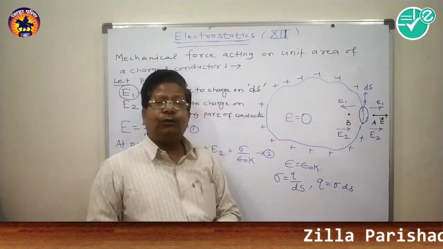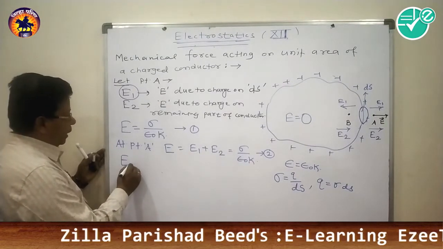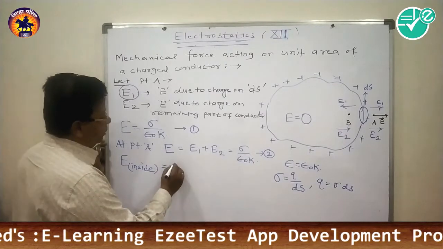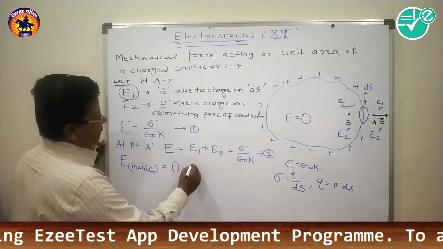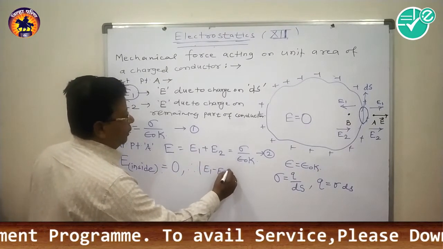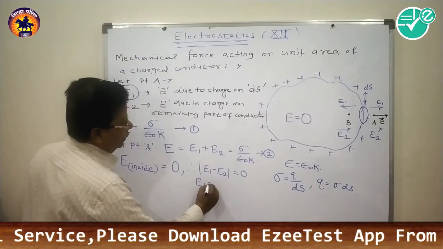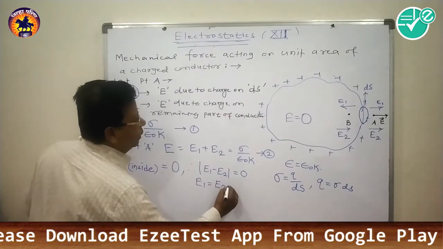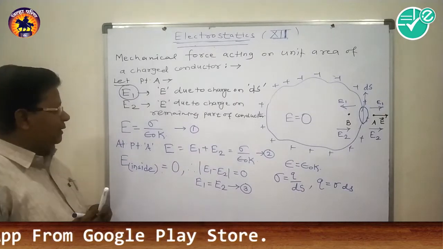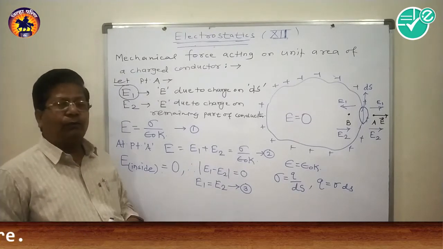Both are opposite to each other, and therefore E inside the charged conductor is equal to 0, so we write mod of E1 minus E2 is equal to 0, or E1 is equal to E2. Say this is equation number 3.